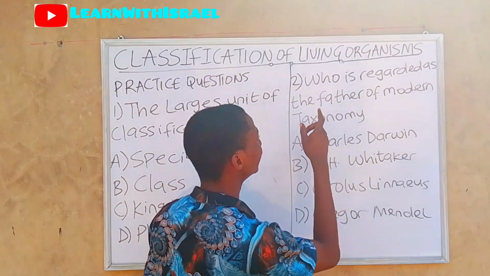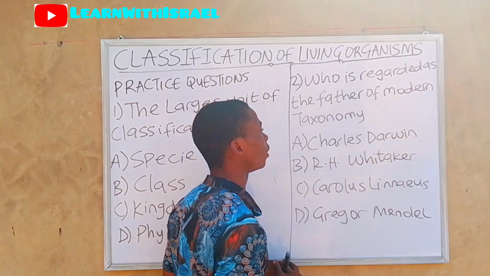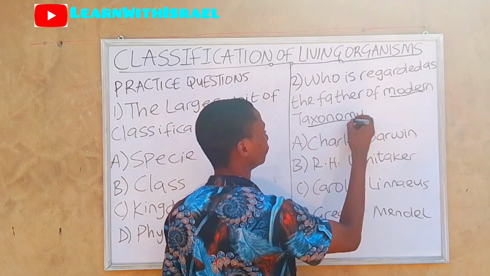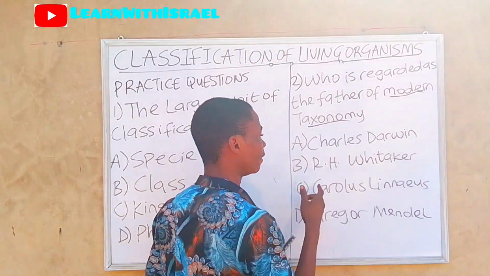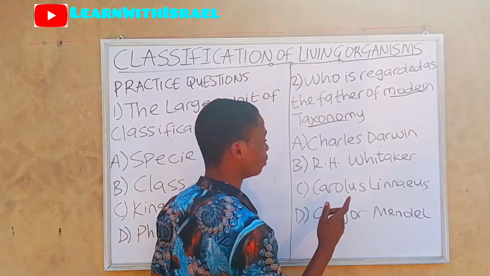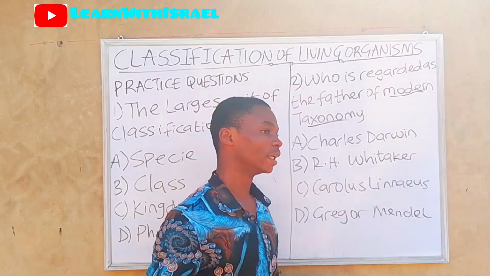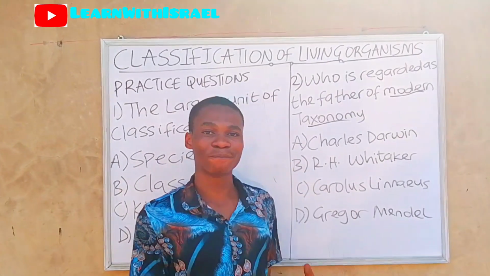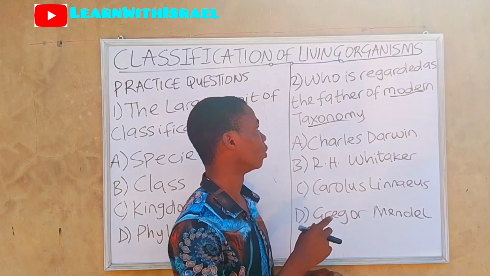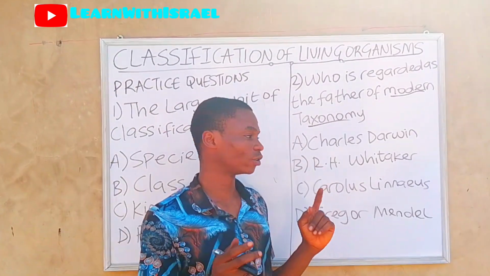Question 2. Who is regarded as the father of modern taxonomy? A. Charles Darwin, B. R.H. Whitaker, C. Carolus Linnaeus, D. Gregor Mendel. Gregor Mendel is the father of genetics, while Carolus Linnaeus is the father of modern taxonomy.